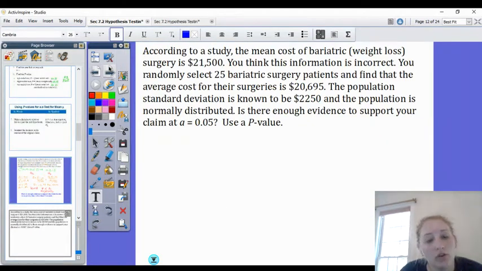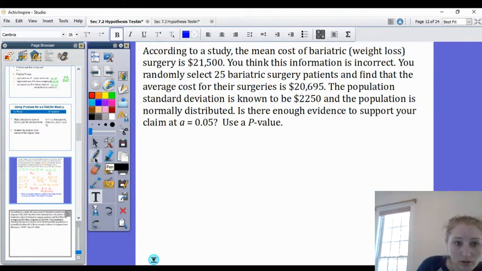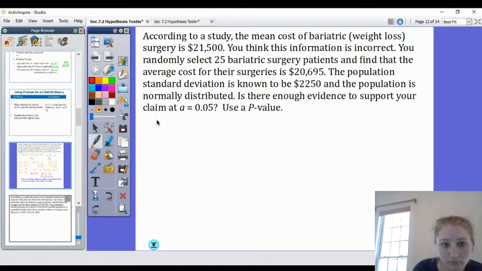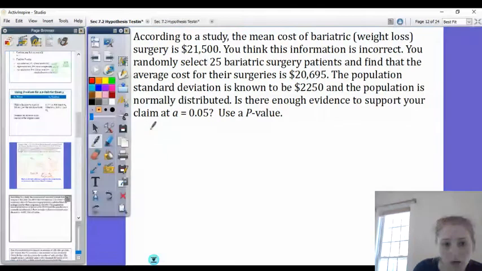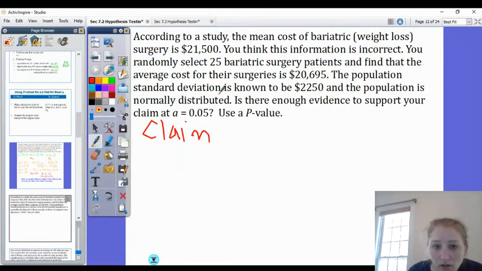Okay, next example. According to a study, the mean cost of bariatric weight loss surgery is $21,500. So my claim is that the mean is $21,500.